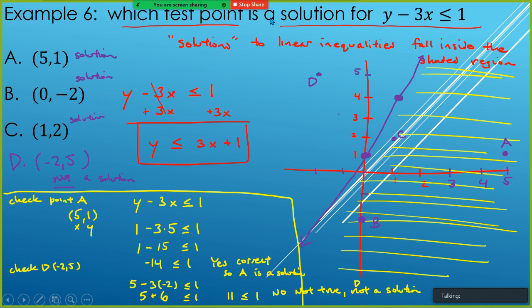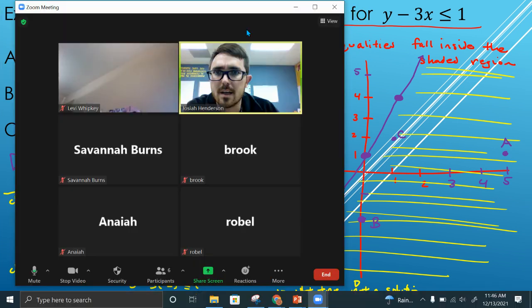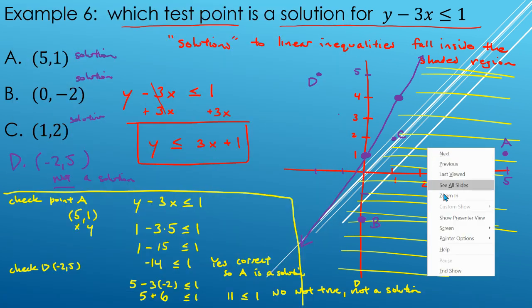I'll keep this up for a moment, and then I'm going to grab a couple questions from the mastery test so we can look at those together. Today's homework for Unit 4 is to do this mastery test. It's called Linear Inequalities, the fourth mastery test. So give me 1 second. I'm going to stop sharing and add a couple questions.